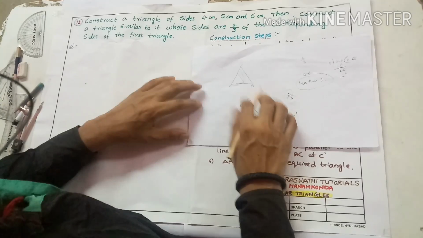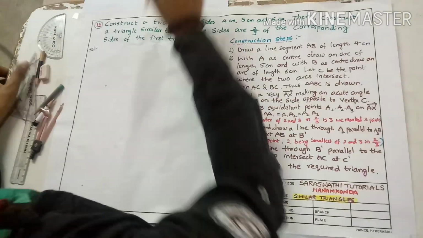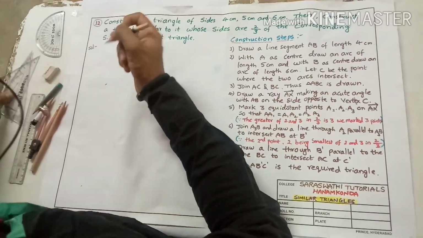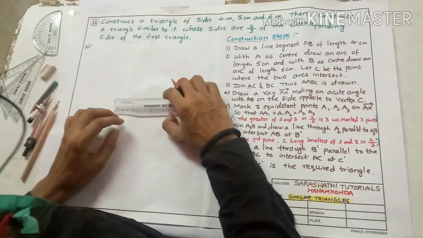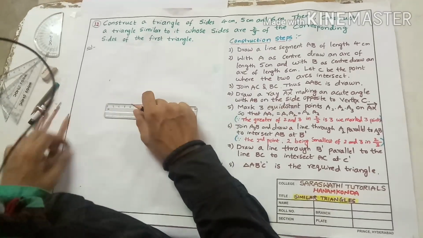Let us now draw with the measurements. Draw a line segment AB of length 4 centimeters.